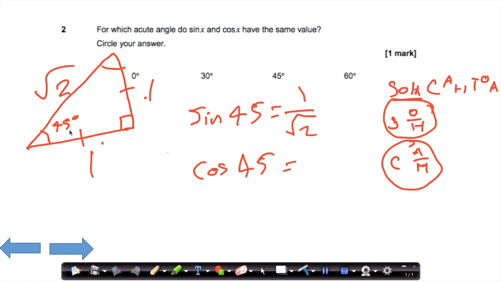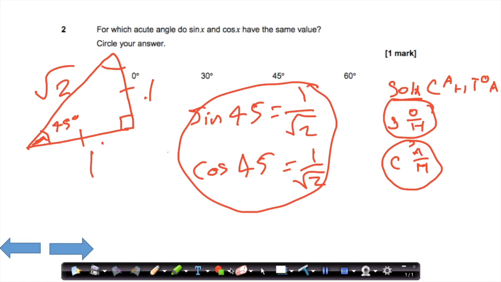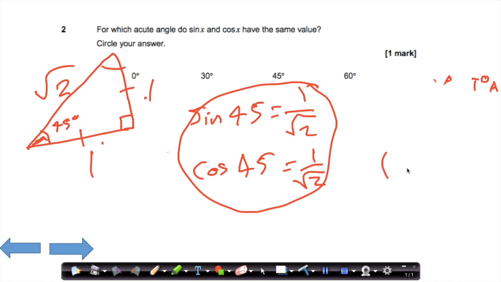The adjacent side to this angle here is 1. And the hypotenuse is the square root of 2. So for a 45-degree angle, sin and cos of that angle are the same. So for which angle do sin x and cos x have the same value is 45 degrees.